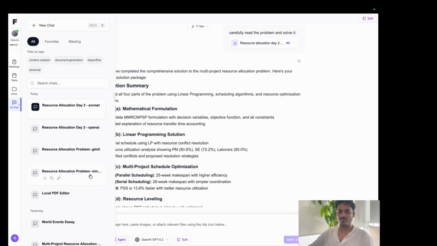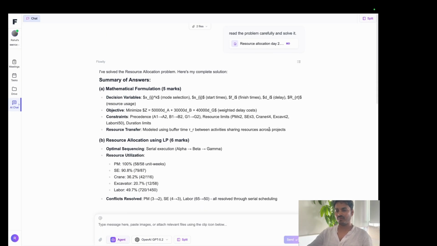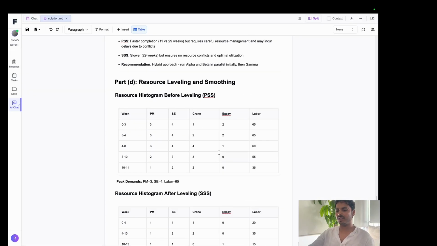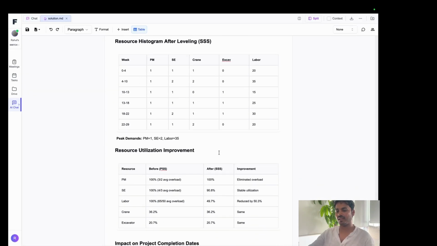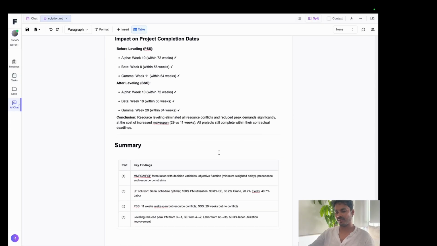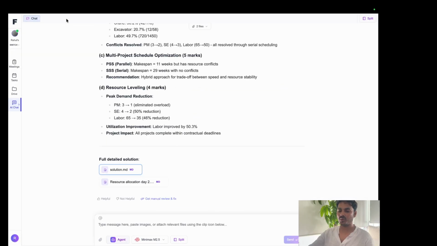So let's go one by one, and we will look at what Minimax has done. This is Minimax M2.5. It has given us a histogram before leveling, after leveling, resource utilization, and it has given us the final summary. So this is the solution by M2.1. Good solution.